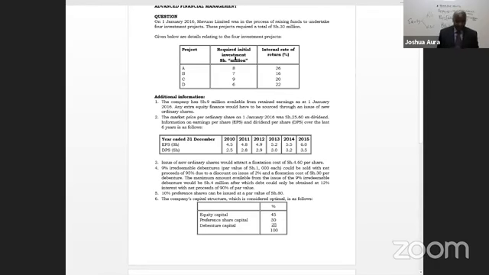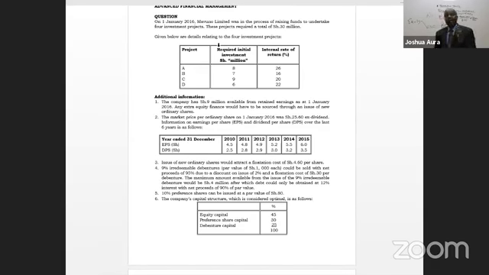Note 2: the market price per ordinary share on 1st January 2016 was 25.6, ex dividend. Information on EPS and dividends per share over the last 6 years is as follows. You can see they have given me many years of dividends per share, like 2010, 2.